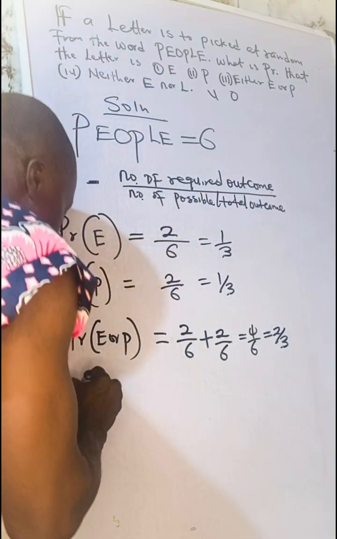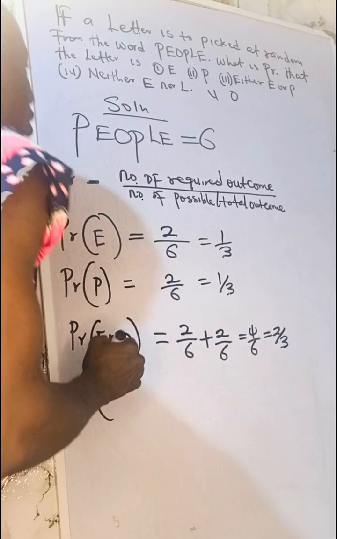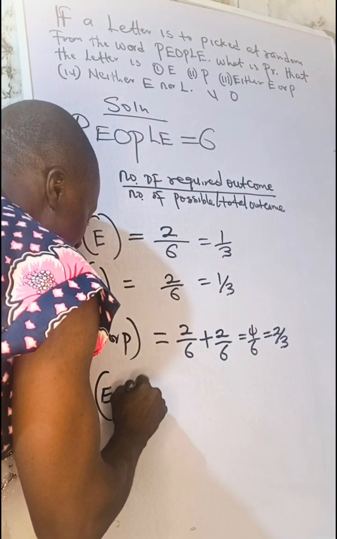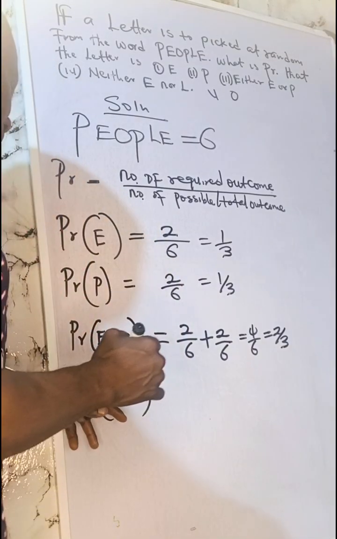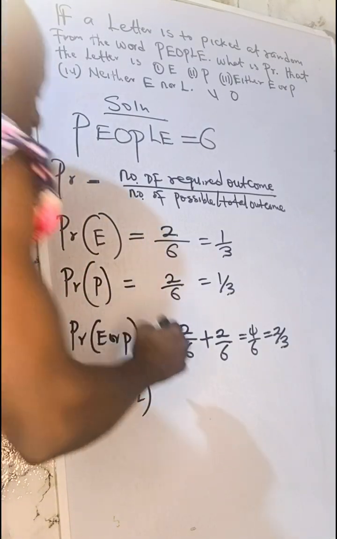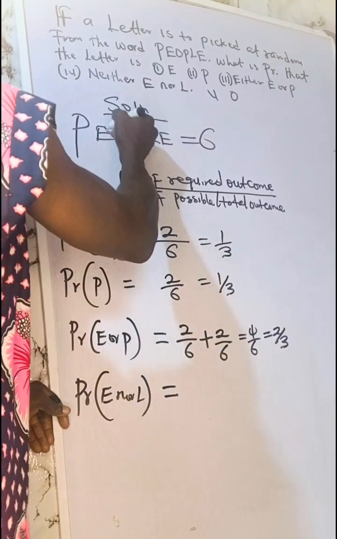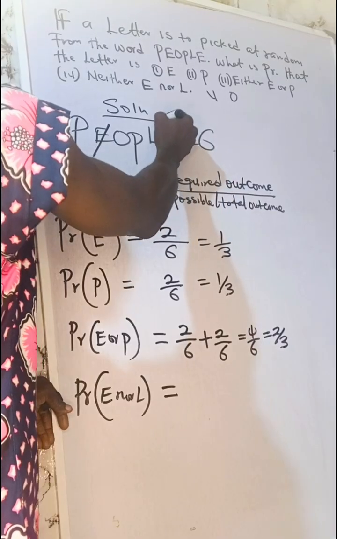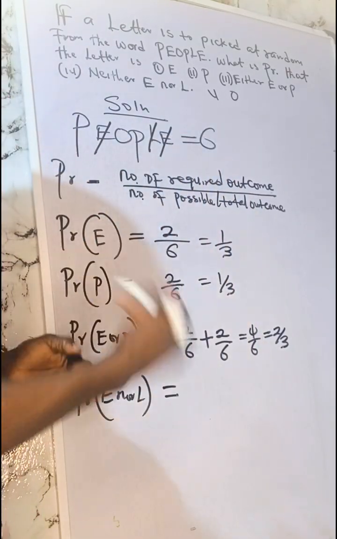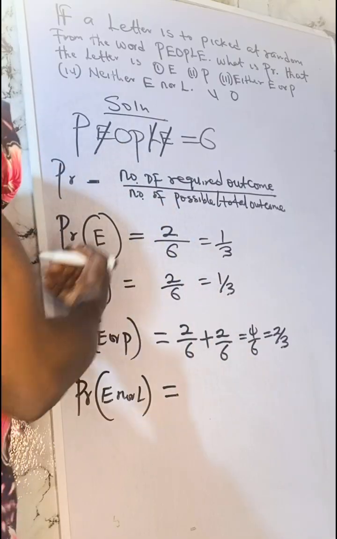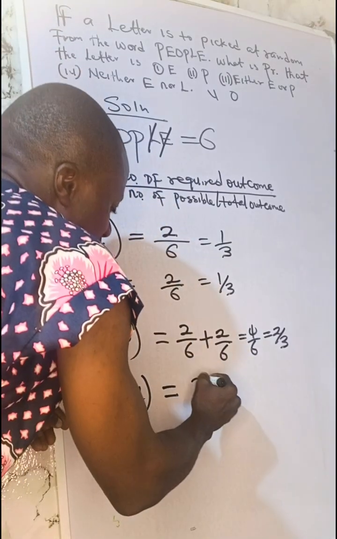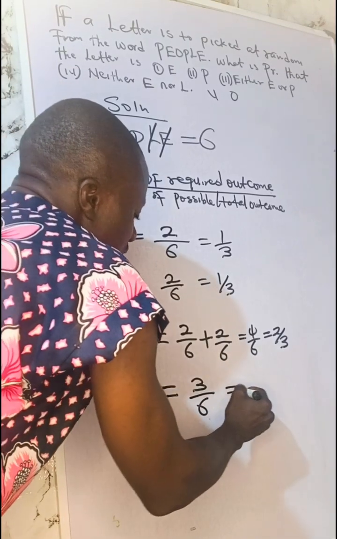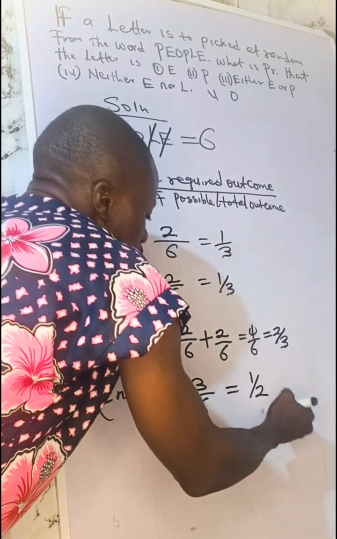Now question 4 says the probability of picking neither E nor L. Here it means we are going to root out the letters that were mentioned here, E and L. We cancel them. It means they cannot be picked. So what we're left with is 3 letters over the total outcome, which is the same thing as 1/2.